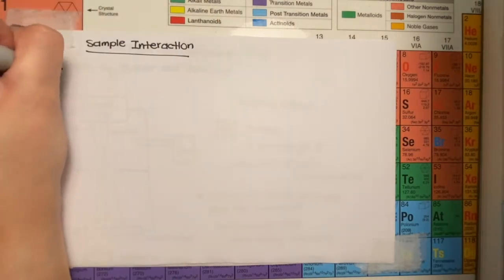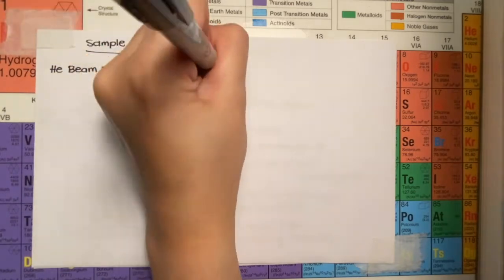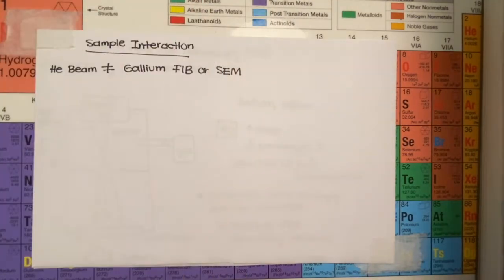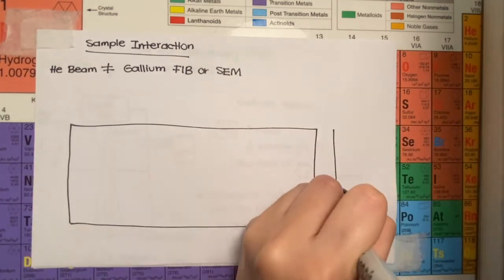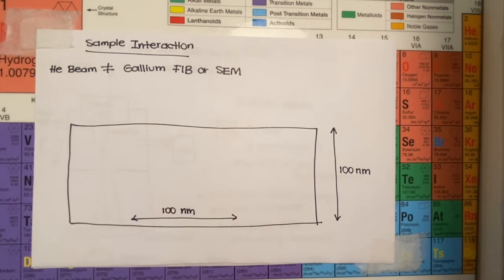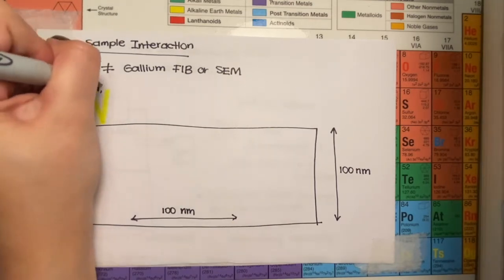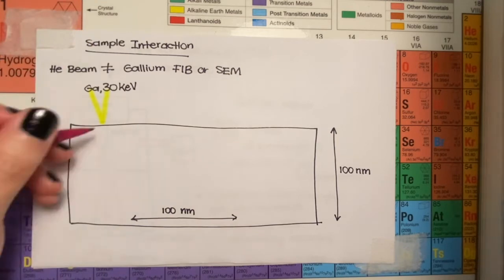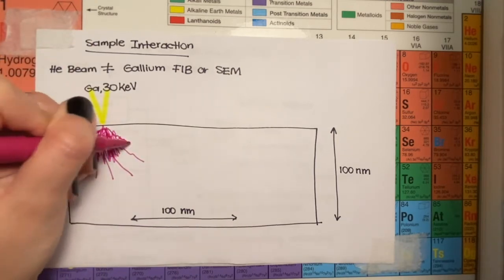The helium beam interaction with the sample is pretty different from gallium FIB or SEM. A Monte Carlo modeling of a silicon sample can explain the differences observed. A gallium beam that is 30 keV will penetrate around 50 nanometers and produce excessive dislocations and sputtering.